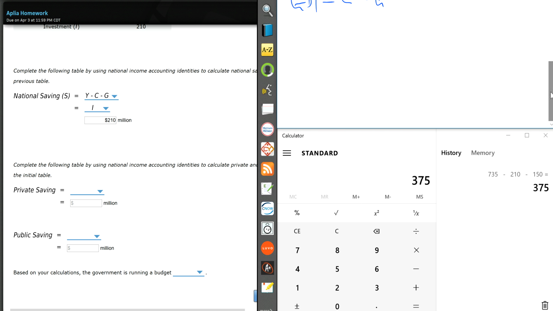And then for private saving, we're asking how much the households save. For households, you're going to take your GDP, or total income, minus your consumption and also minus how much tax you pay. That's how much money the consumer saves. So do we have that over here? Private saving? Yes, we do. So Y minus C minus T. Let's look at our numbers.